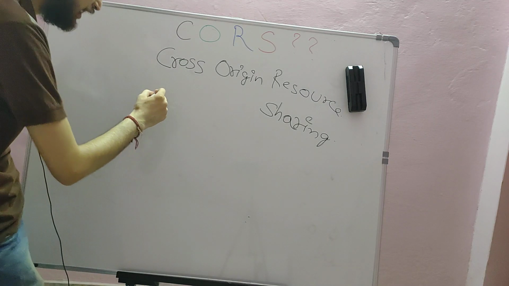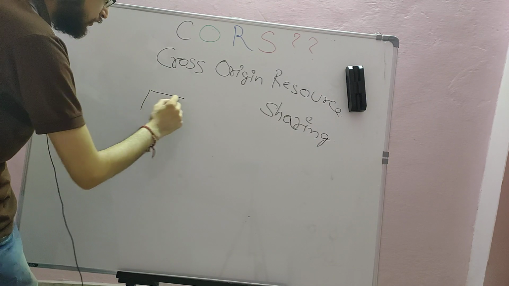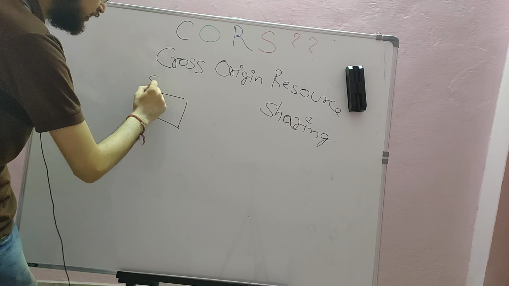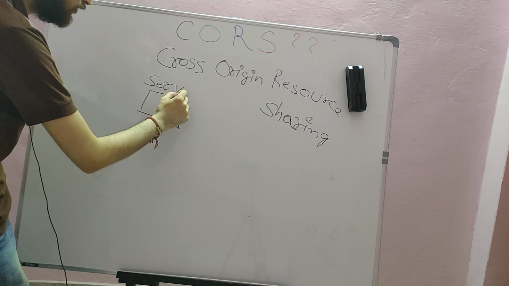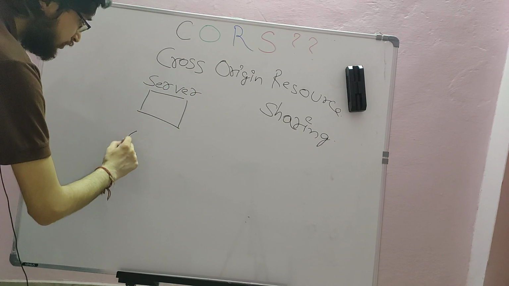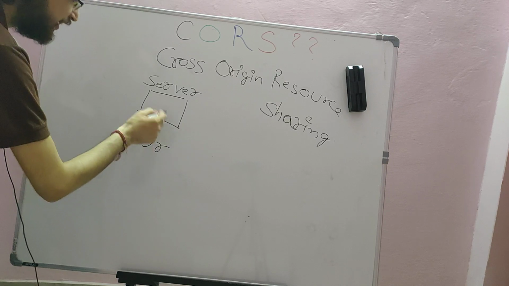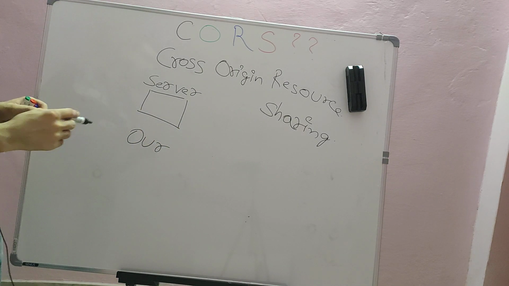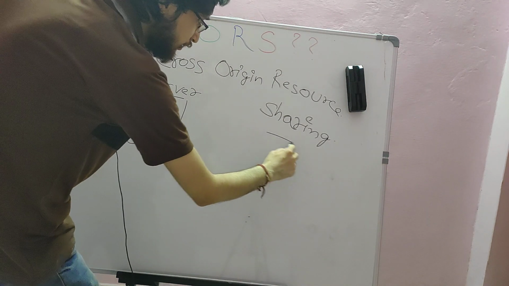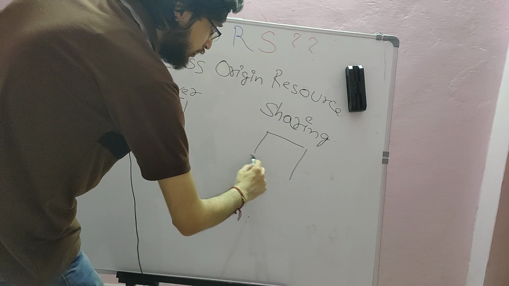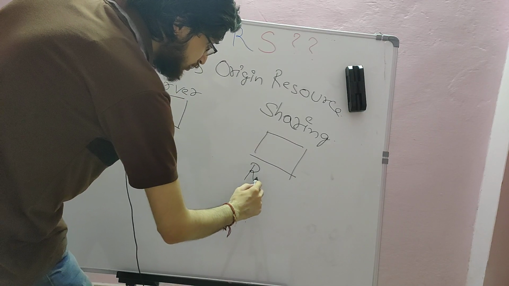Let's suppose we have a server on which we are writing our code. This is our server where we are writing some JavaScript code. And this is a remote server.